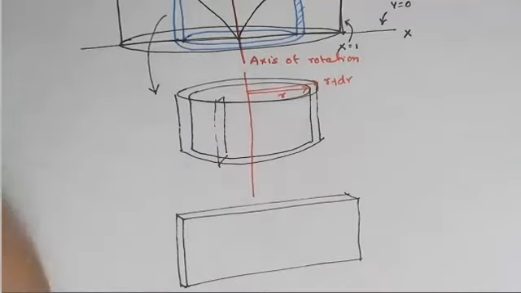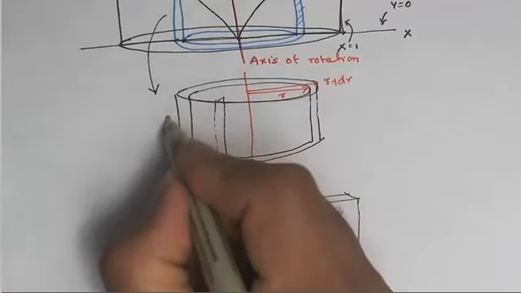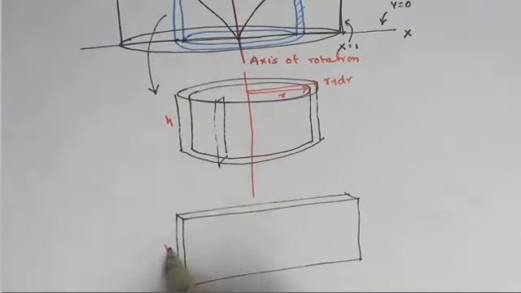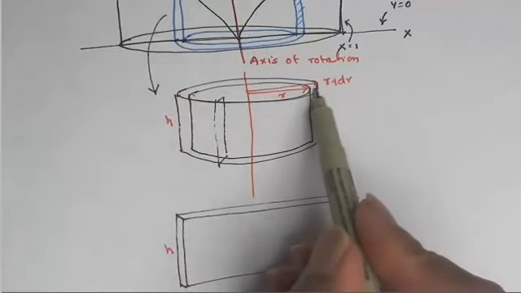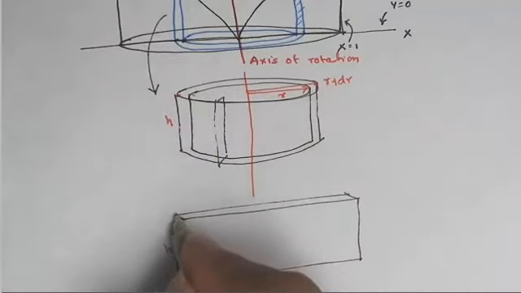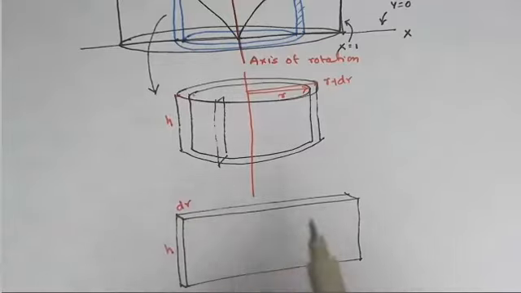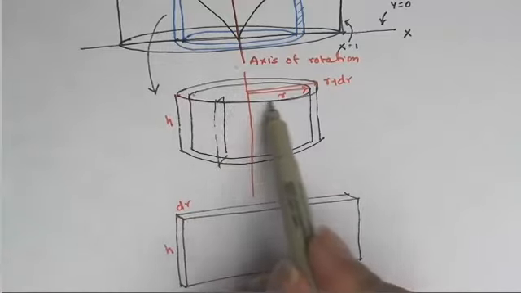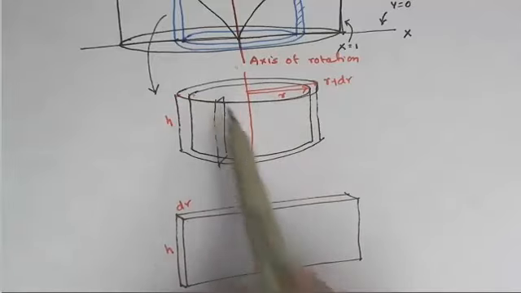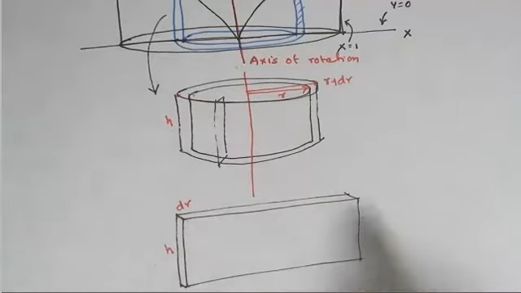Where if this is h, the height of the cylinder, then that is h. This is the thickness of the stuff in between the two cylinders, and that thickness, of course, is just dr. So that distance is dr. And that length is just that entire circumference of that circle unrolled to get that length.